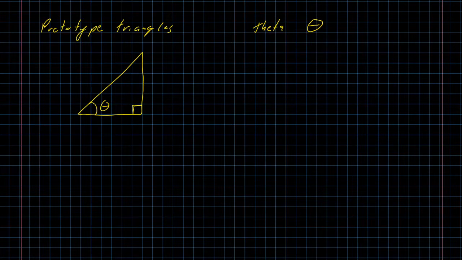And since I didn't give any letters to this, I'm going to go ahead and use what we usually use in trigonometry. We're going to call the three sides of the triangle op, adj, and hip.